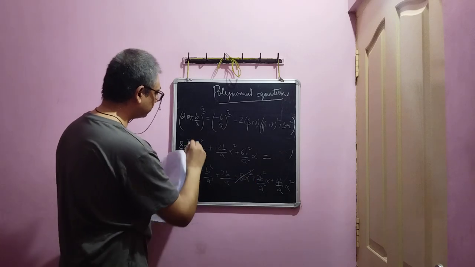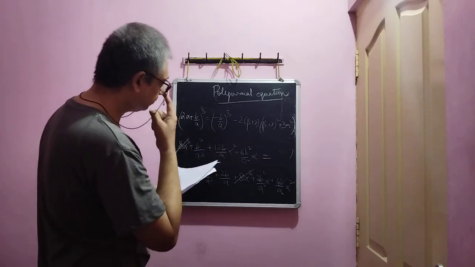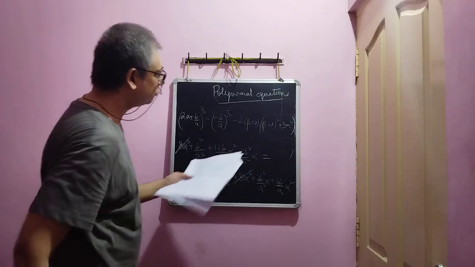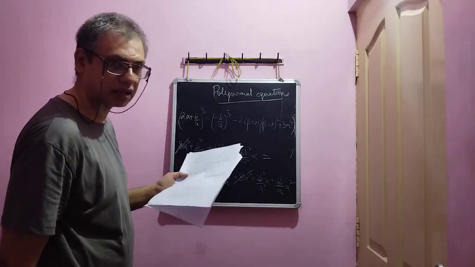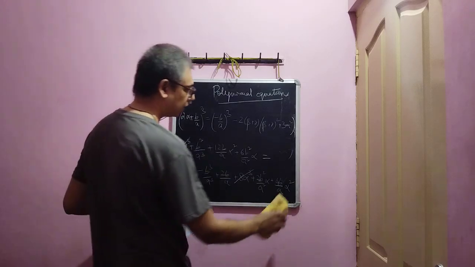So the cubic term here will get cancelled and you will be left with beta and gamma here, which can be expressed in terms of alpha. So you will have only a quadratic equation in terms of alpha.